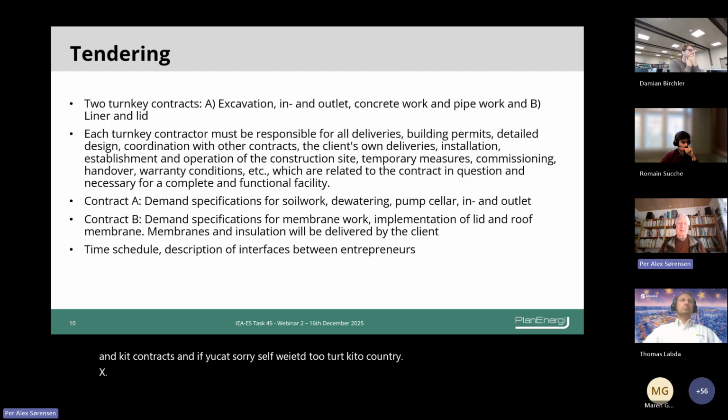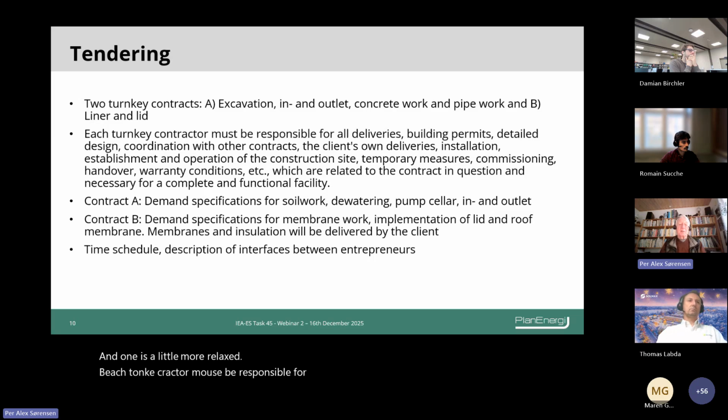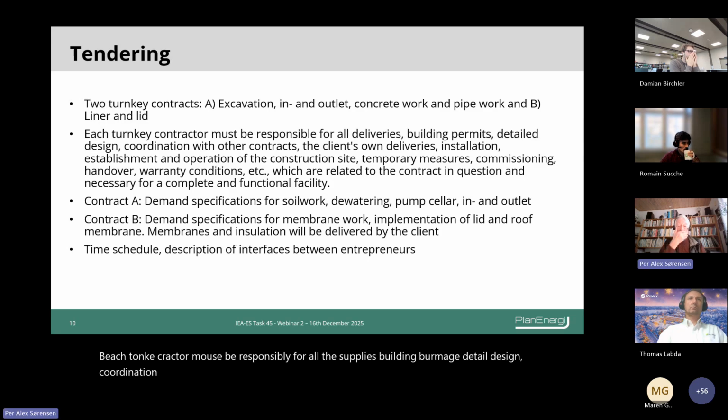One for excavation, inlet and outlet, concrete work and pipe work, and one for liner and lid. And each turnkey contractor must be responsible for all deliveries, building permits, detailed design, coordination with other contracts, and so on. It means that all responsibilities are taken over by the turnkey contractor.